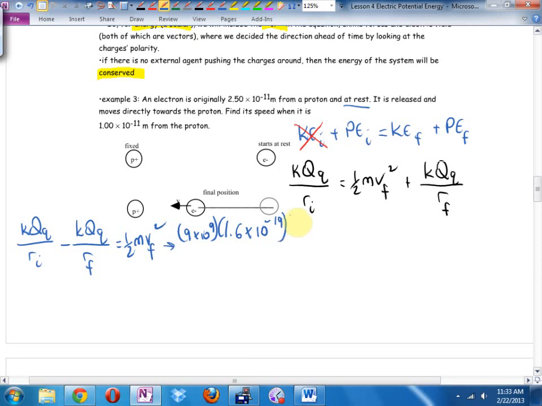Yeah, negative 1.6 times 10 to the negative 19. All over r initial. It's in the actual word problem. What's my initial radius? 2.5 times 10 to the negative 11. And that's going to be minus the same thing, all over r final.